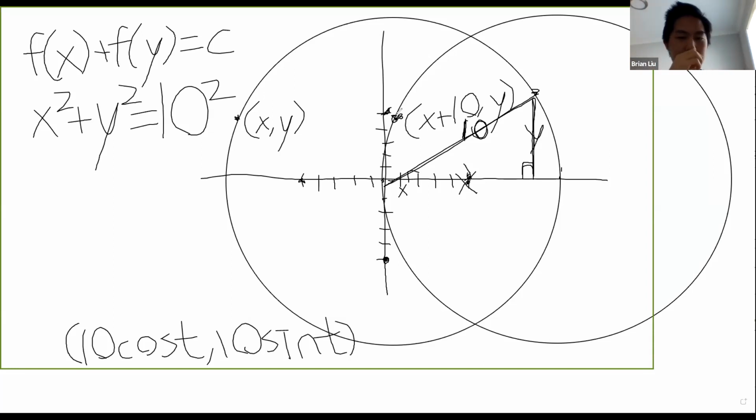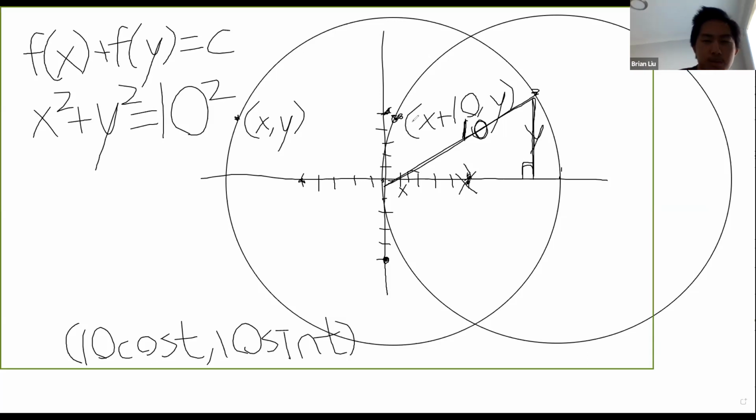So how do we do this? If we know that f of x plus f of y equals c is satisfied by x and y, then how do we get x plus 10 and y to satisfy some equation?